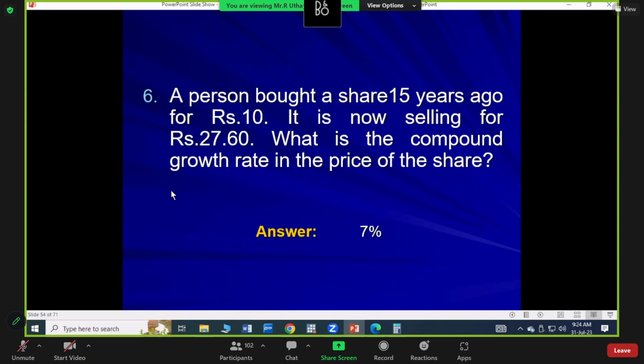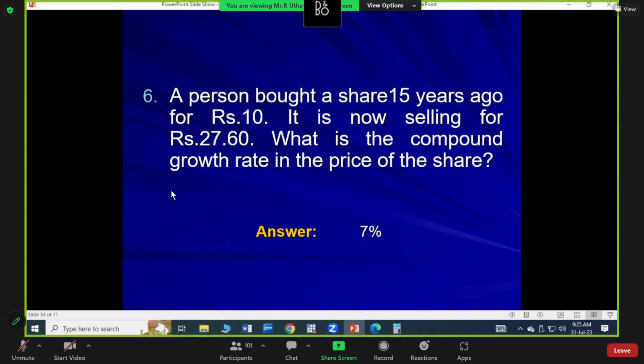You want to equate the situation: now the value is 10 rupees. After 15 years, you will have the value 27.60 rupees. So you set the 27.60 rupees as a future value, F15.